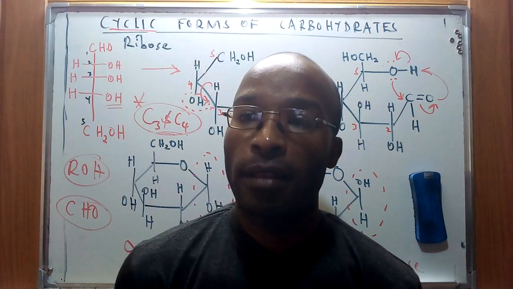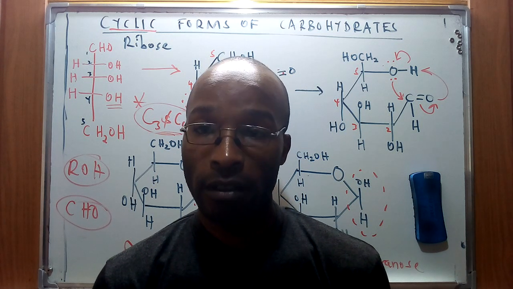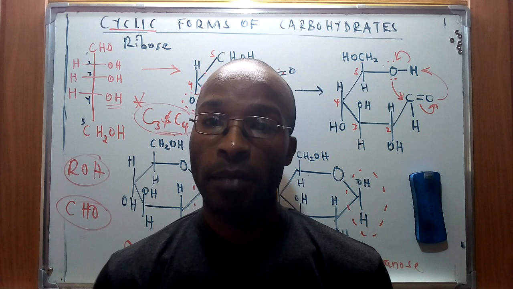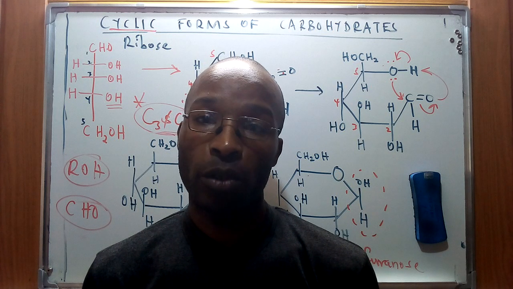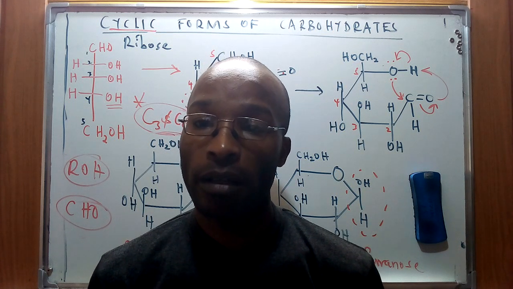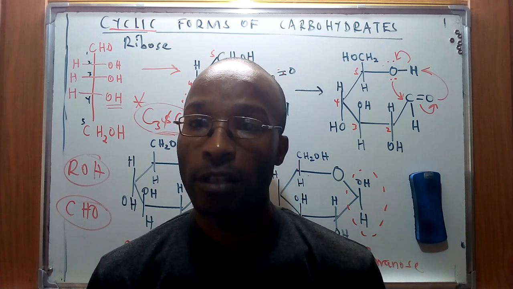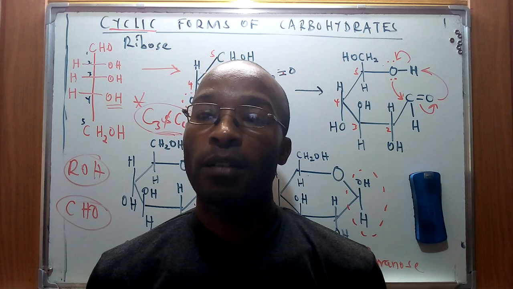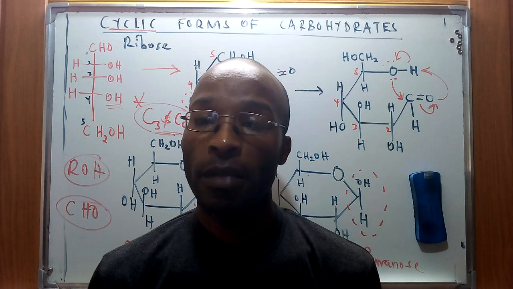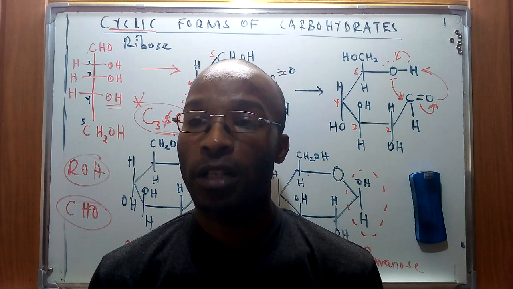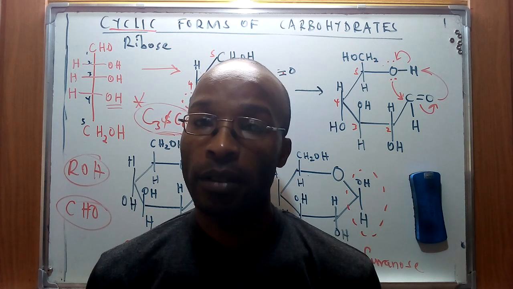So I hope that the summary we have given for those reactions and the last bit we have discussed on these cyclic forms of carbohydrates, by giving this ribose sugar as an example, is going to shed light on how we can confirm this representation for sugars, and also match the ideas of the DL configuration, the positive and negative, the Haworth structure and Fischer projection, so that we can come up with these products.